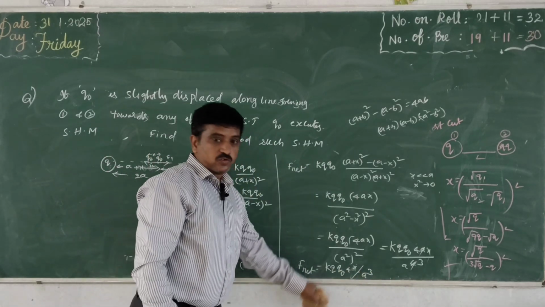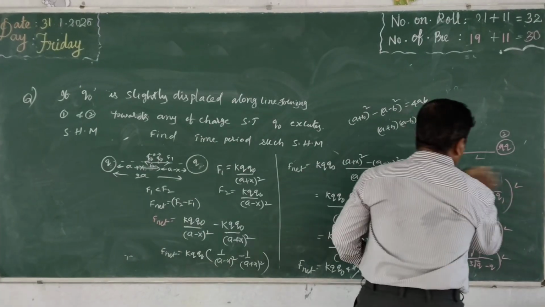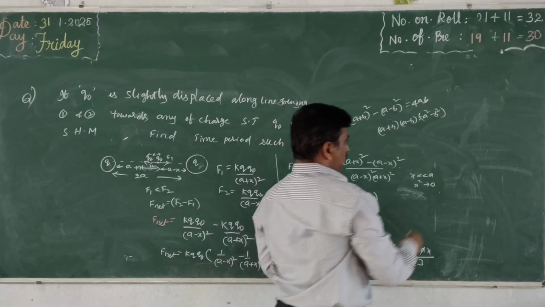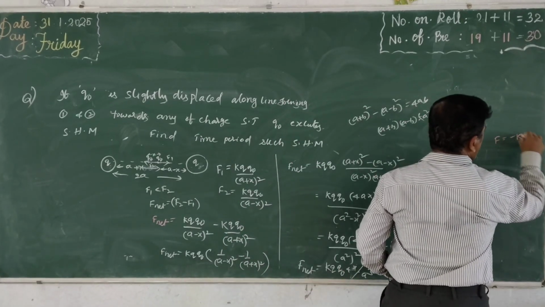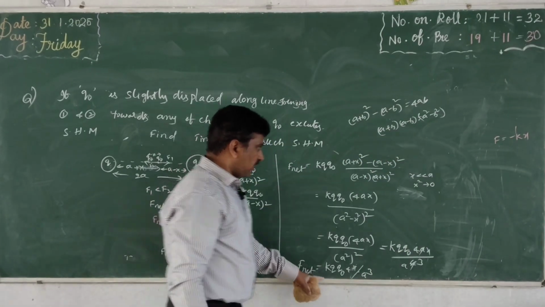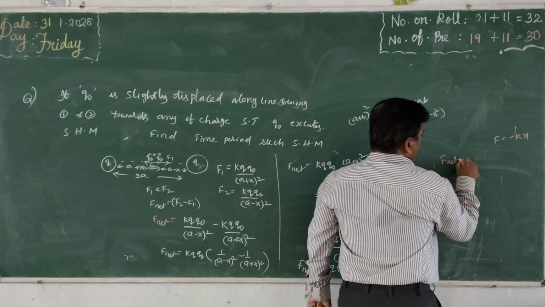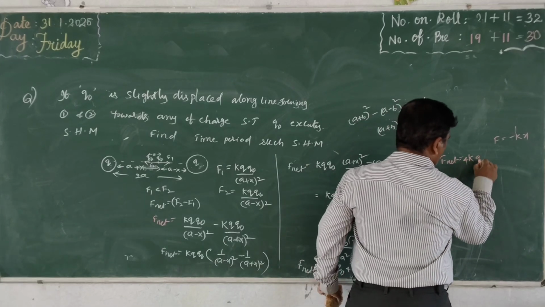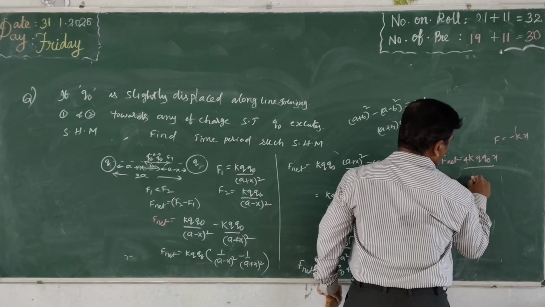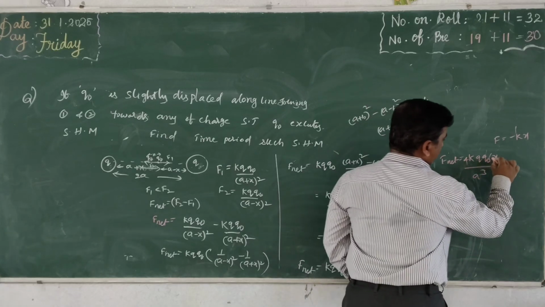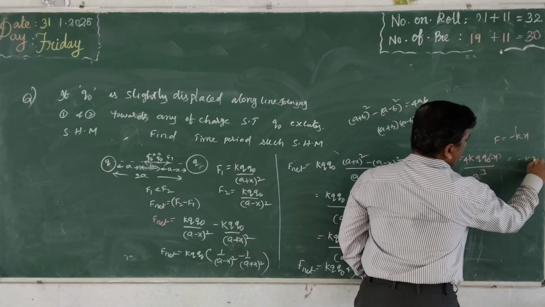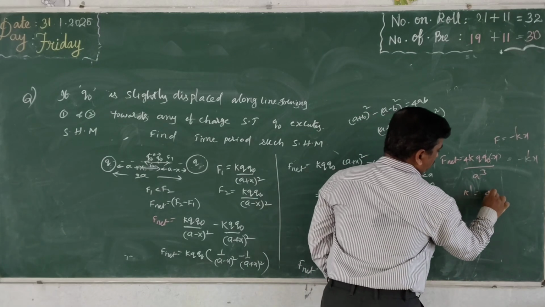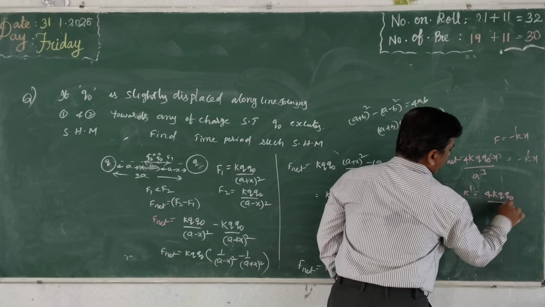See, this is the net force acting on this one, so we will compare it with simple harmonic motion. The force is F equal to minus kx. Taking minus kx dash, F net equal to 4k q naught x by a power 3. Taking the minus, that equals minus kx, so this k dash equal to 4k q naught by a cube.